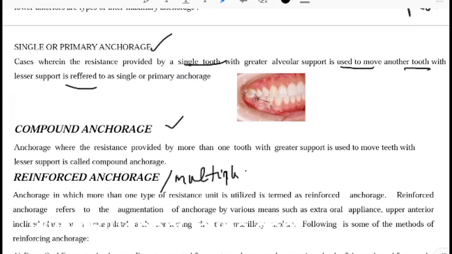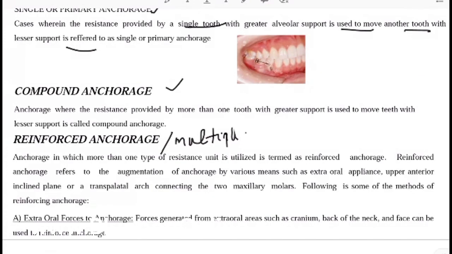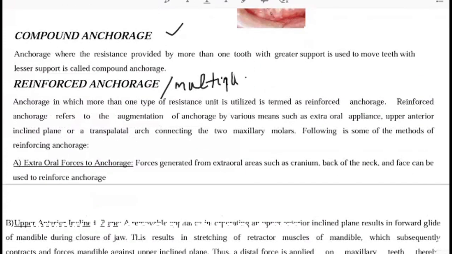That you call a reinforced or multiple anchorage. You have more than one type of resistance unit here. For example, you can have the extraoral forces like the cranium, back of neck, as we have seen in the extraoral types of anchorage unit. Then you can take it from the upper anterior inclined plane. I hope you know what the upper anterior inclined plane is.